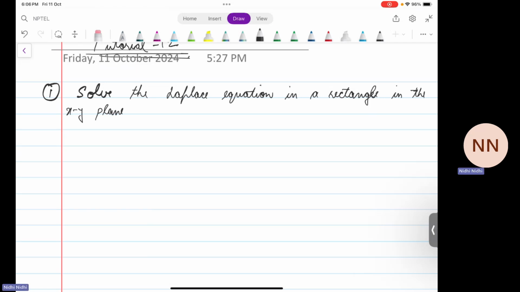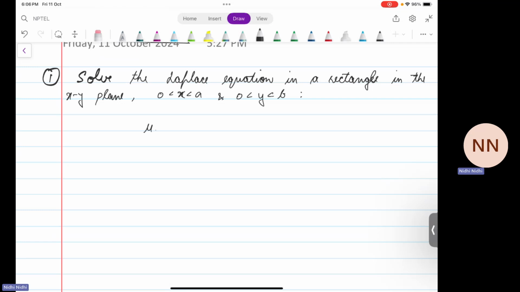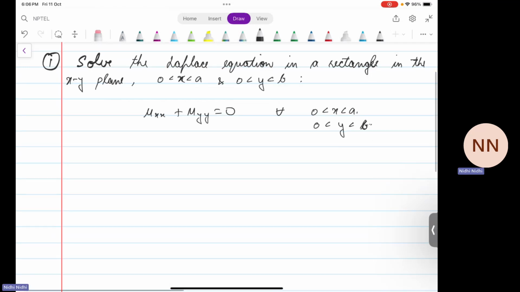So we have two variables, xy plane with 0 less than x less than a and 0 less than y less than b. So our equation is uxx plus uyy equals 0, for every 0 less than x less than a, 0 less than y less than b, along with some boundary conditions.